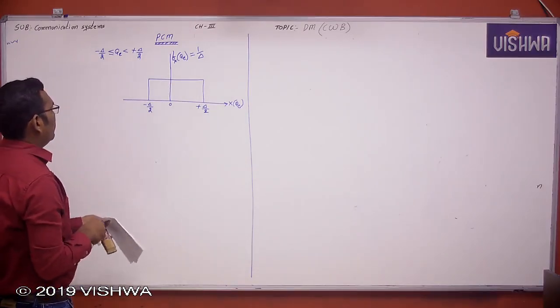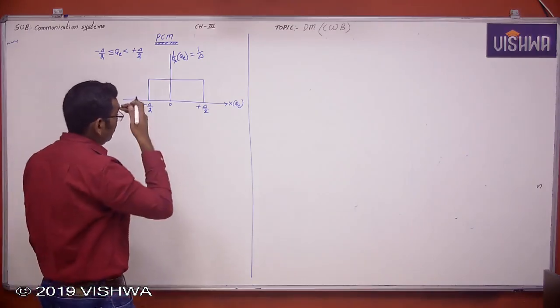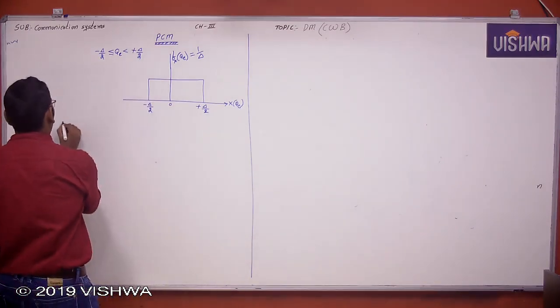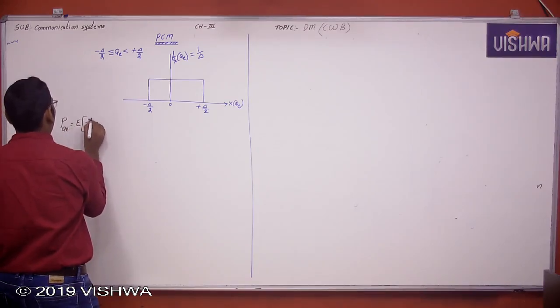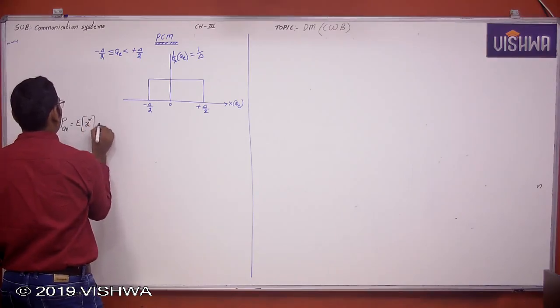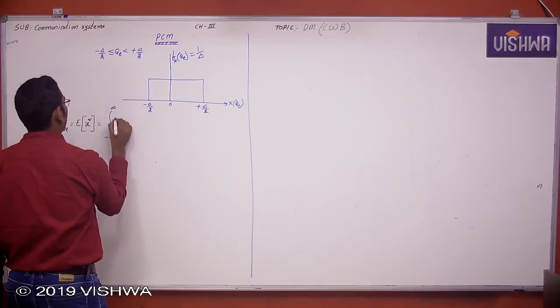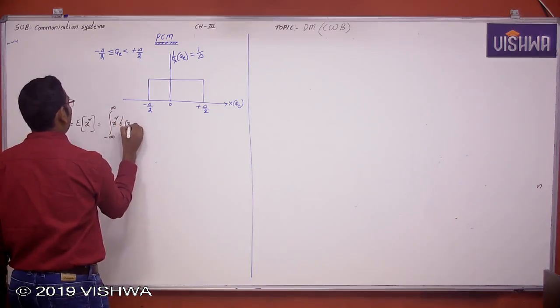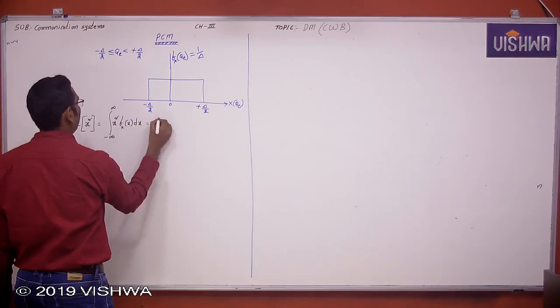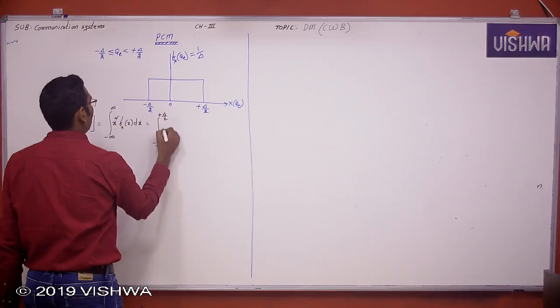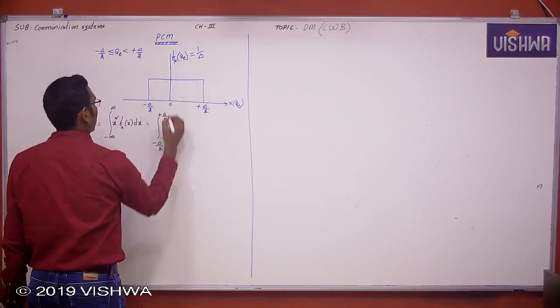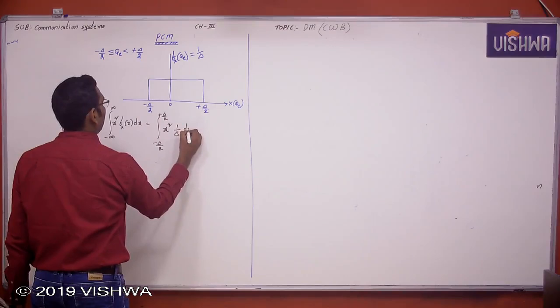So now what is the quantization noise power? The quantization noise power is equal to the expectation of x square, since power is nothing but the mean square value, which is the integral from minus infinity to infinity of x square fx(x) dx. Similarly here, from minus delta by 2 to plus delta by 2, x square times fx(x), which is 1 by delta, dx.